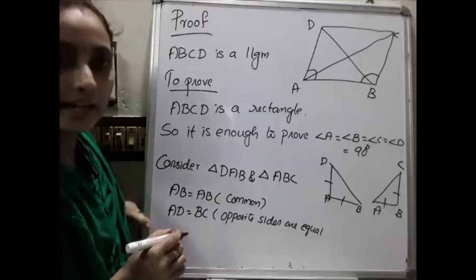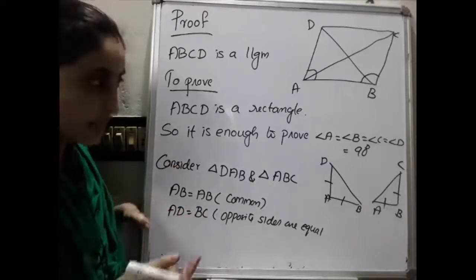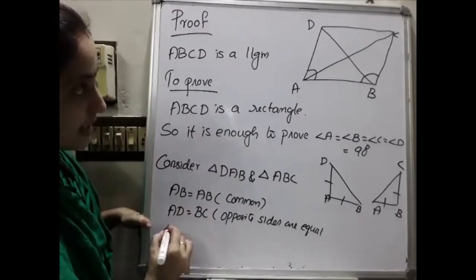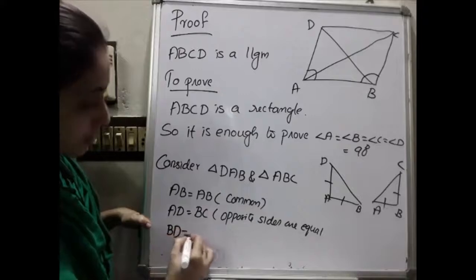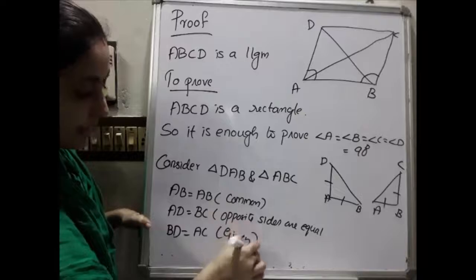Then what about the diagonals? Already given in the question, the diagonals of a parallelogram are equal. So we can write BD is equal to AC, given. So which congruence rule? Yes, three sides.